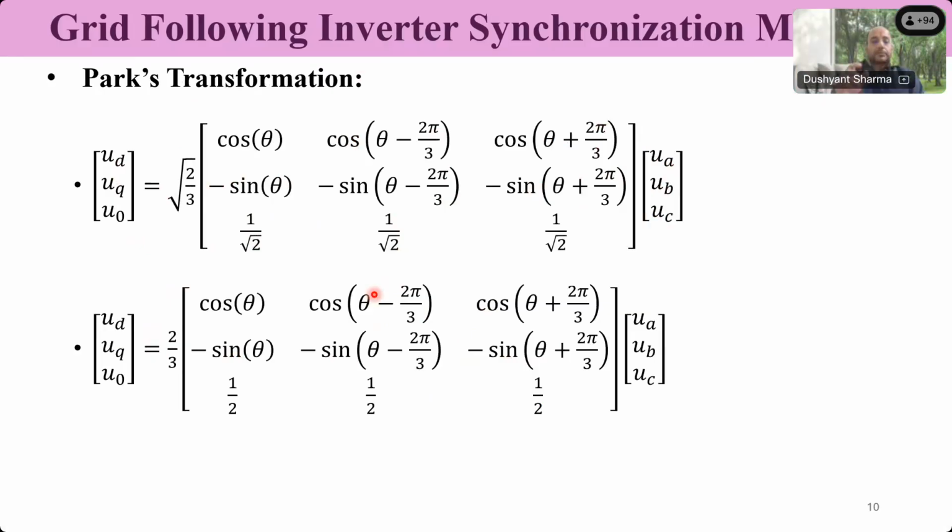What this means is that you can have two formulas. Actually, as I told, we can control the VD or we can control the VQ in any way we want. So let's say, as I talked about Vm, the peak or the RMS or the 2 into RMS, they all are in our hands.